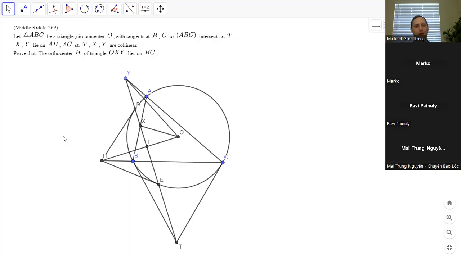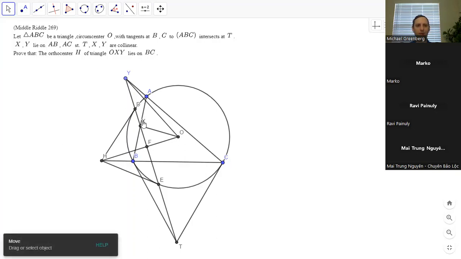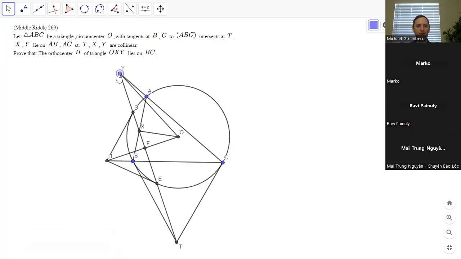All right. So we've made a lot of progress here. We know XY is the polar of H with respect to the circle. What else do we know? These triangles almost look, but they're not isosceles. I think it's just, yeah, it's an optical illusion.